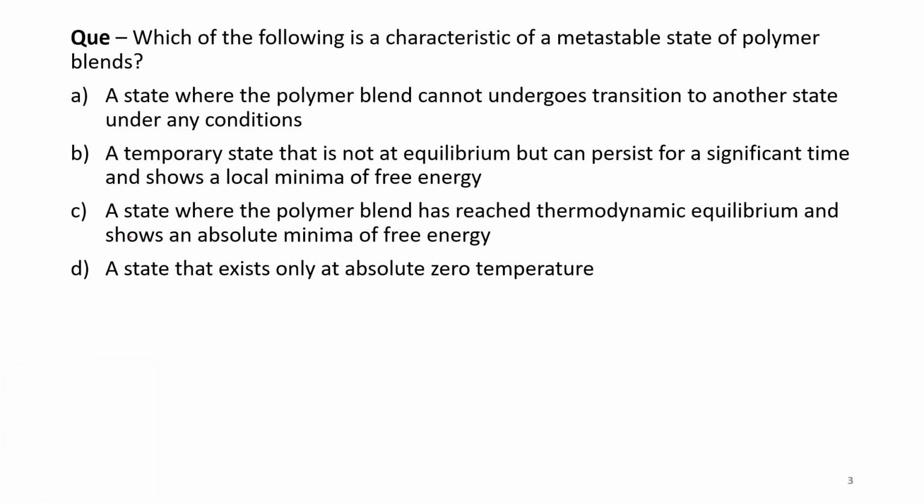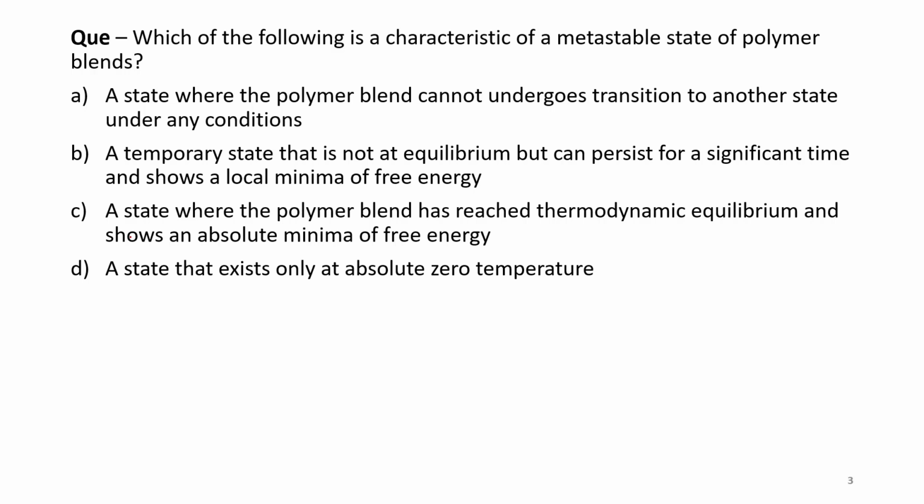Question 1 says, which of the following is a characteristic of a metastable state of polymer blends? Option A, a state where the polymer blend cannot undergo transition to another state under any condition. Option B, a temporary state that is not at equilibrium but can persist for a significant time and shows a local minima of free energy.